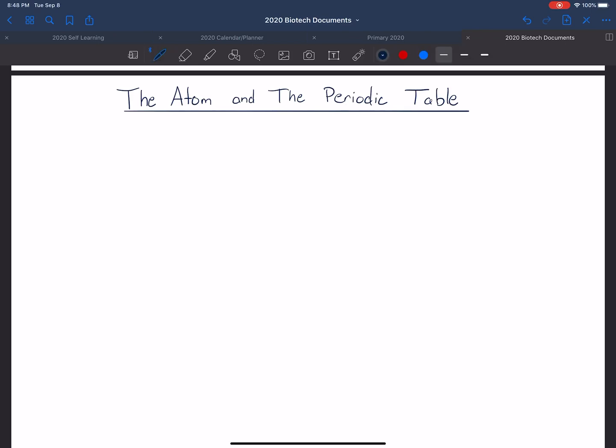So usually we aren't too terribly worried about definitions of any kind, but we do want to at least give you a baseline for what we mean when we say atom.